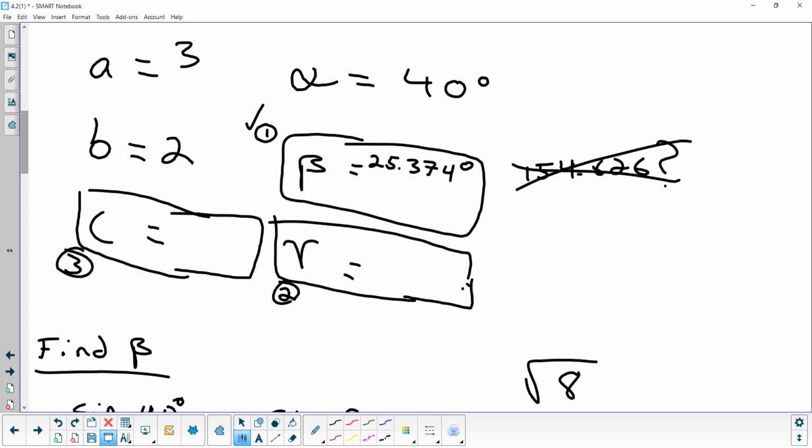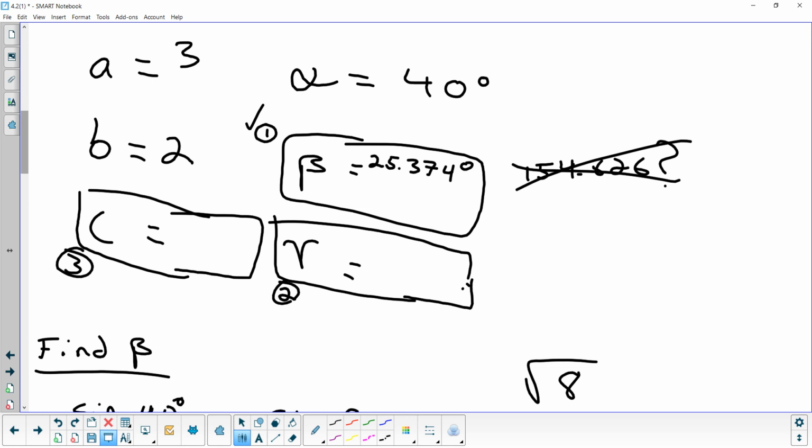Think about, what do you know about all the angles in a triangle? They all add up to 180, yeah. They can equal all kinds of different numbers, but they all have to add up to 180. So, what could we do here?